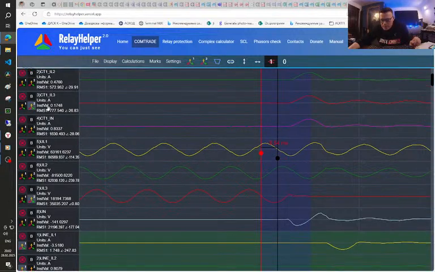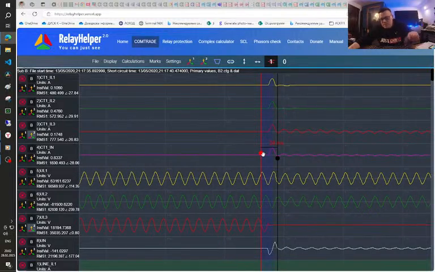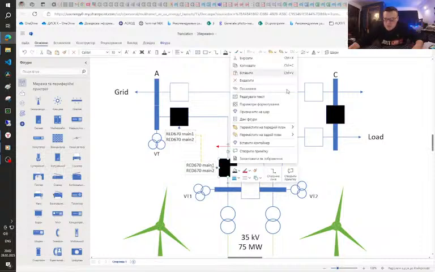So that's why we see this current transient, because the circuit breaker from the substation B side switched non-synchronously to the grid.